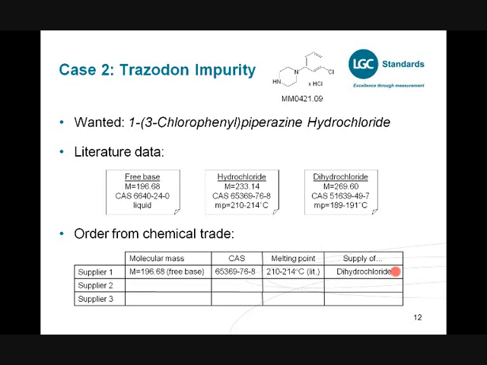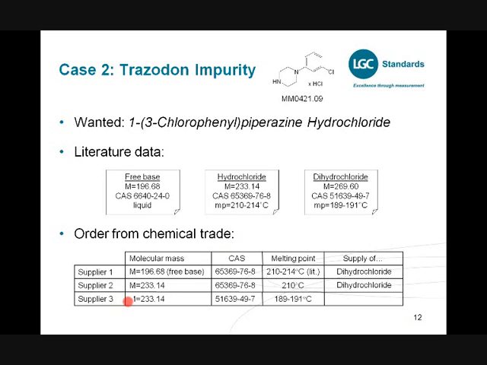The second supplier we looked at, and we looked onto the catalog data, there once again all the data point out to the hydrochloride, as you can see, for molecular mass, for the CAS number, and also for the melting point. But also here, this supplier was actually providing the dihydrochloride rather than the hydrochloride itself.